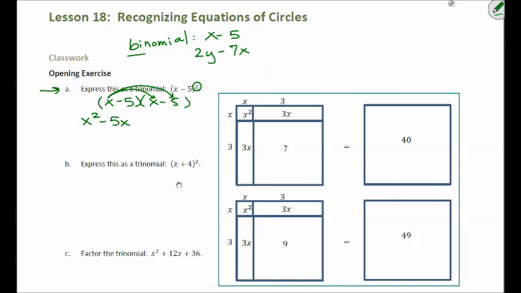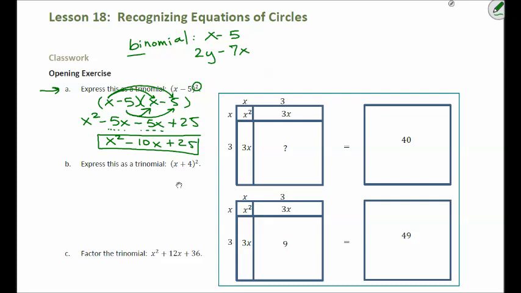I just distributed the x into both the x and the minus 5. Now I'll do the exact same thing with negative 5. Negative 5 times x is negative 5x, and negative 5 times negative 5, a negative times a negative, is a positive 25. Now if I combine like terms, I combine these two terms, and I get x squared minus 10x plus 25. Okay, that's a trinomial with three terms.